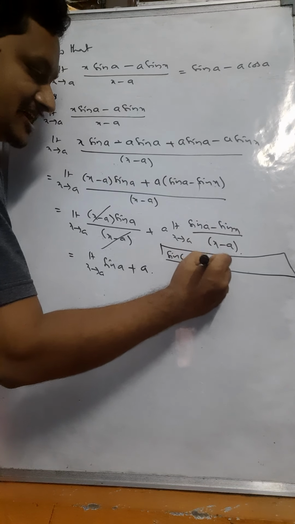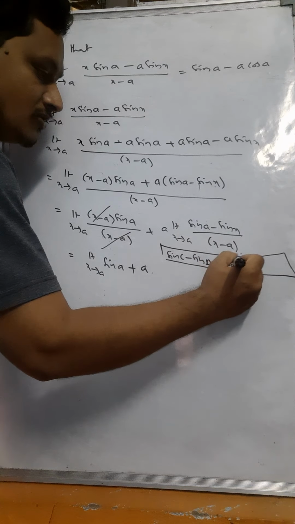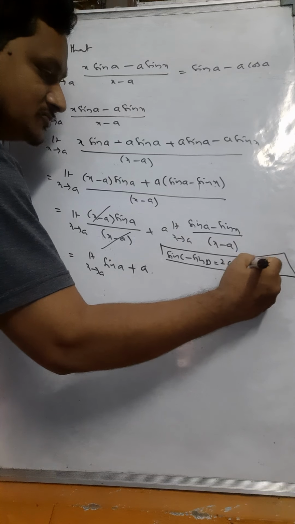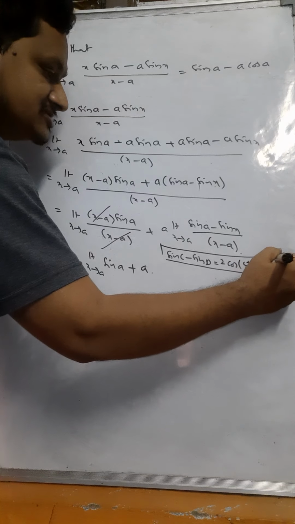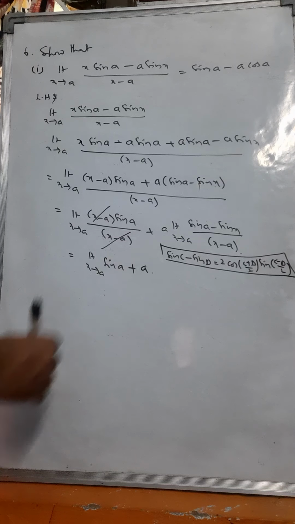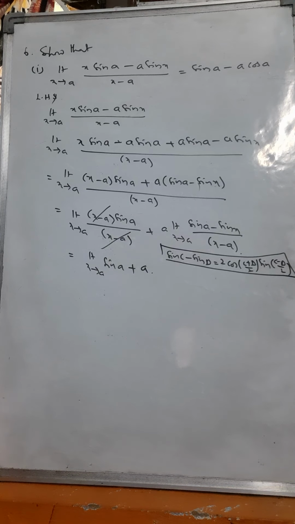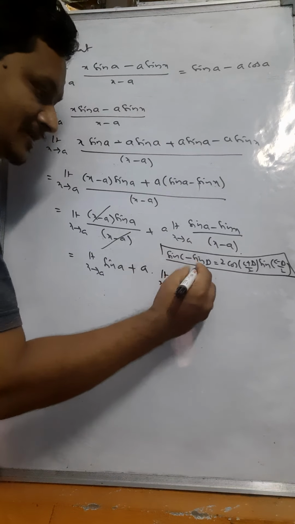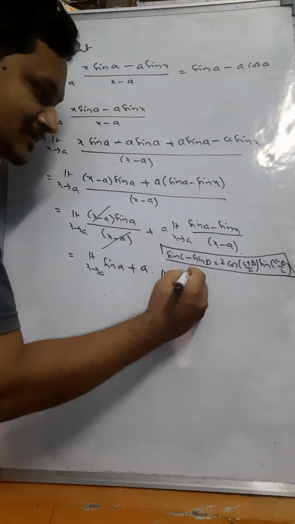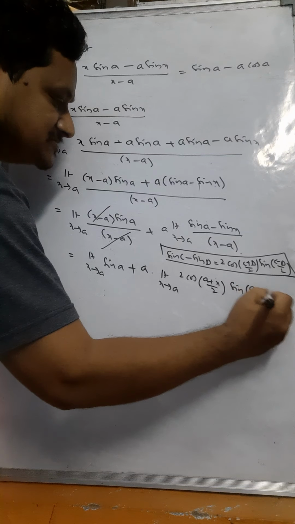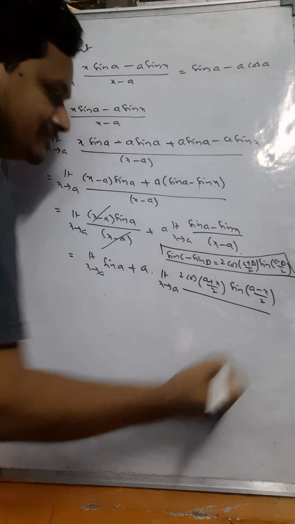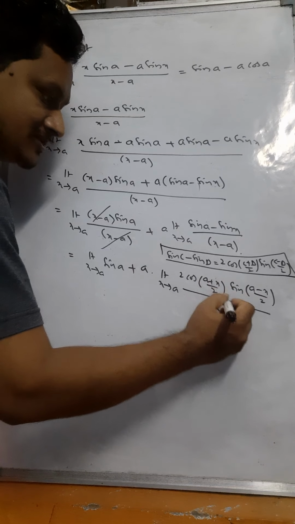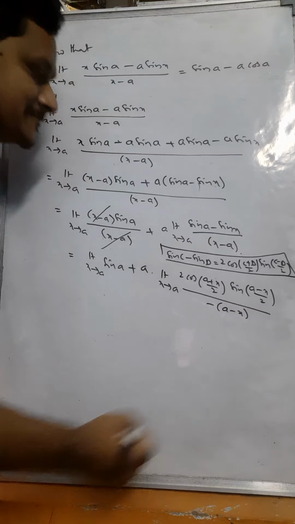Sin c minus sin d is equal to 2 cos((c plus d) by 2) sin((c minus d) by 2). So we get limit x tends to a of 2 cos((a plus x) by 2) sin((a minus x) by 2), divided by, can we take minus common? We will get (a minus x).